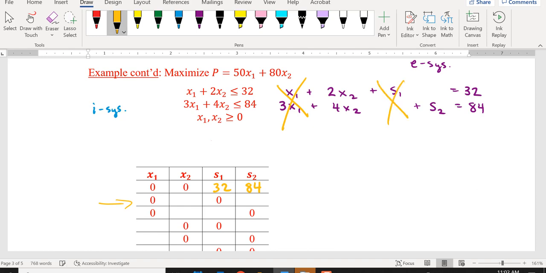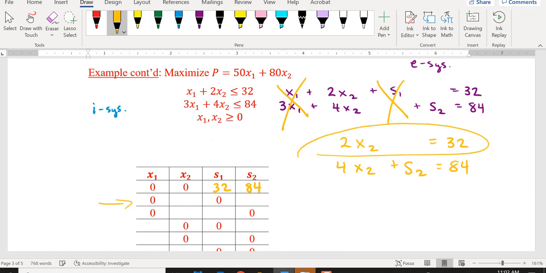So what's my system going to look like? 2x2 equals 32, and 4x2 plus s2 is 84. You can solve this by hand if you want to. What would x2 be? x2 would be 16.